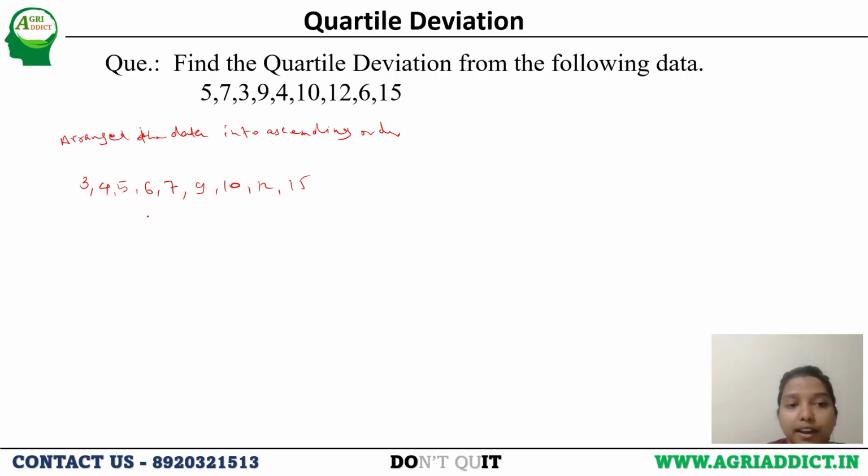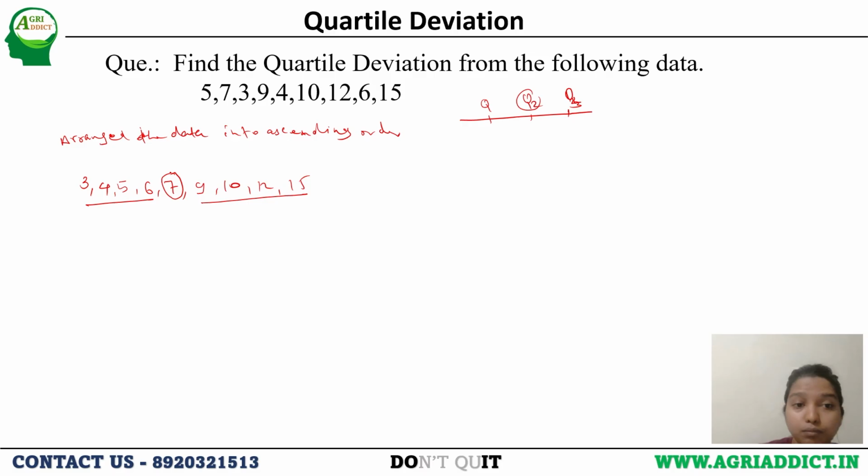Now we know that in quartiles we have Q1, Q2, and Q3. First we have to find Q2, which is the median. We can see that this 7 divides the data series into two equal parts. On the left side of the 7 there are 4 numbers, and on the right side there are also 4 numbers.